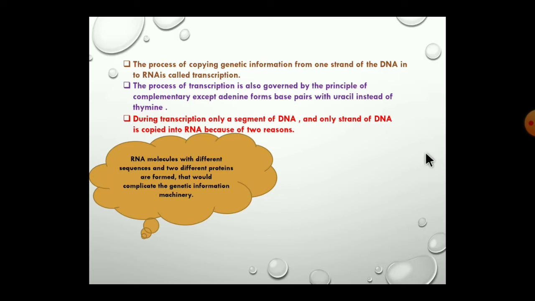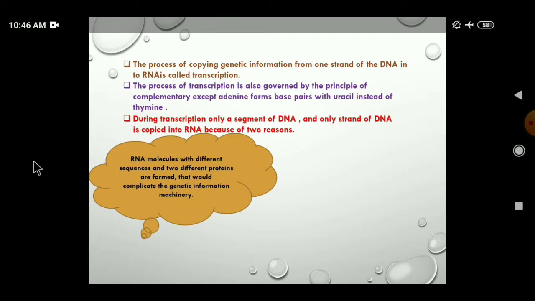For example, if both strands of DNA synthesize two RNAs, the nitrogen bases would be different and they would produce two different proteins, which would complicate the genetic information machinery.